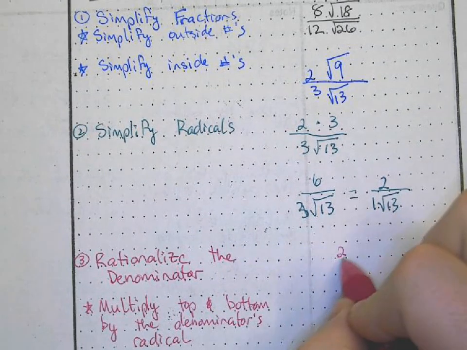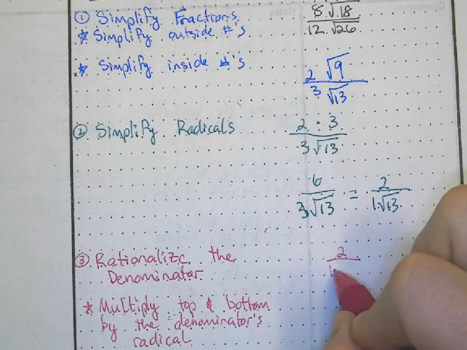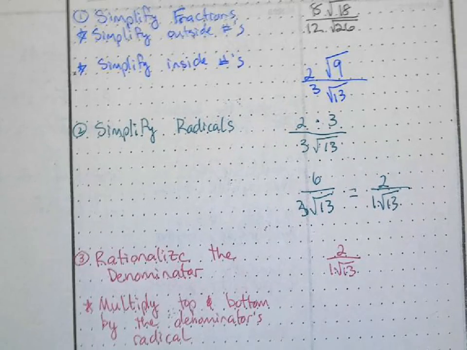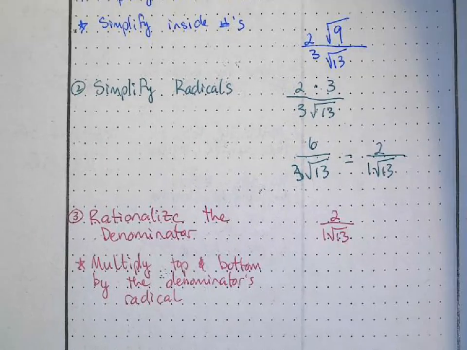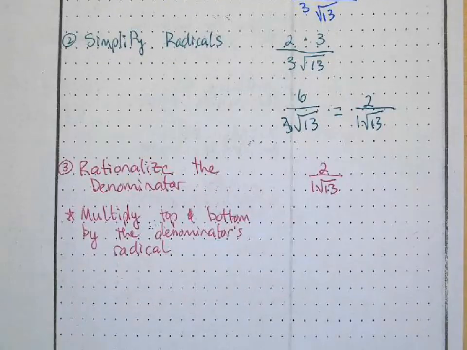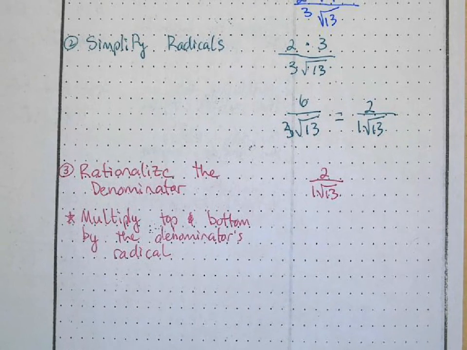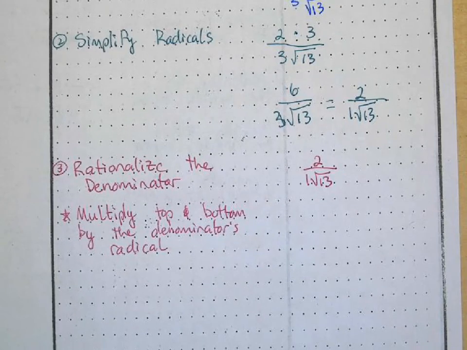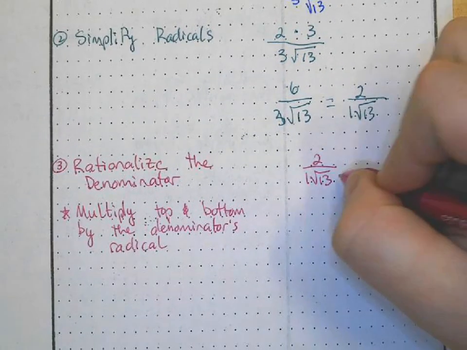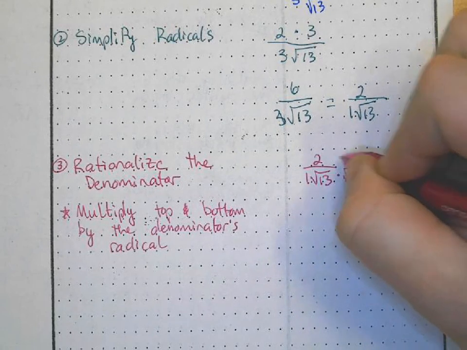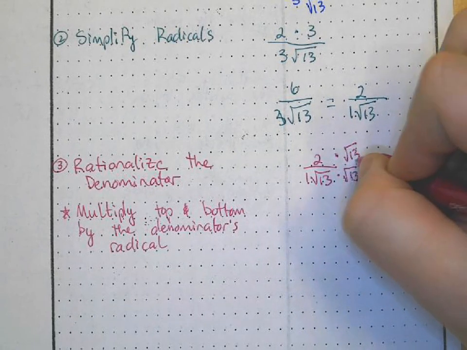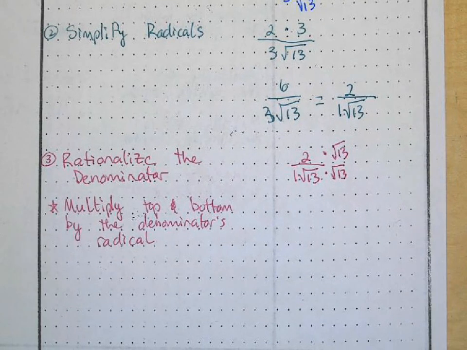So I'm just going to copy the problem, just like that. So we can rationalize the denominator by multiplying the top and bottom by the denominator's radical. So the radical in the denominator is root 13. So I can multiply the top and bottom by root 13.